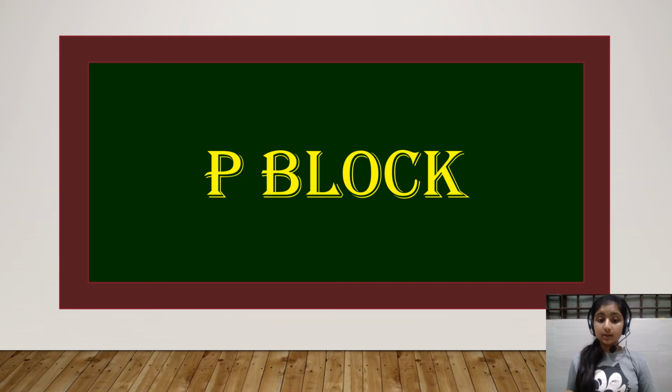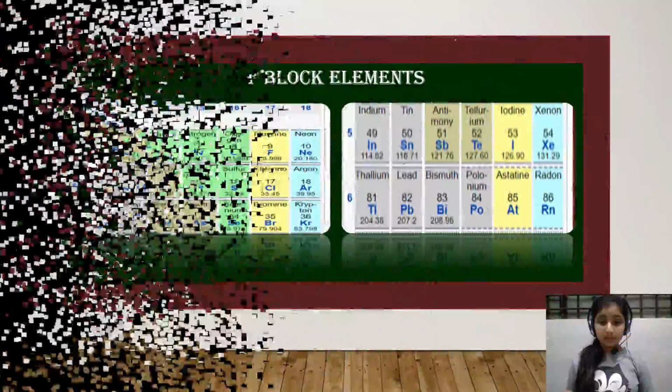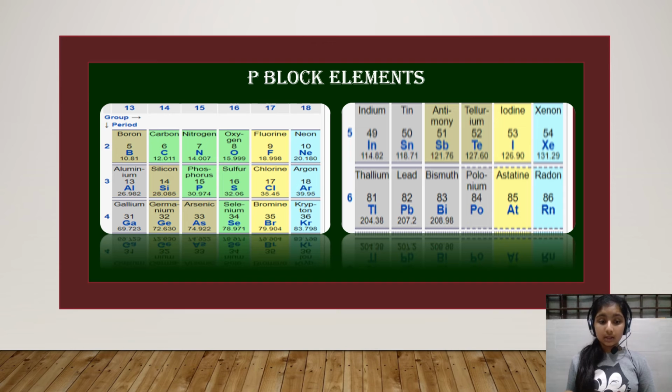Let's check the table of the P block elements. As I told you, these are placed horizontally, but in actual it is above and it is placed below it. That you can also see, the 2, 3, 4, 5, 6. Okay. So the 13th group of the P block is boron, aluminium, gallium, indium, thallium.